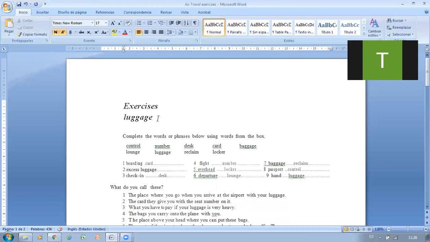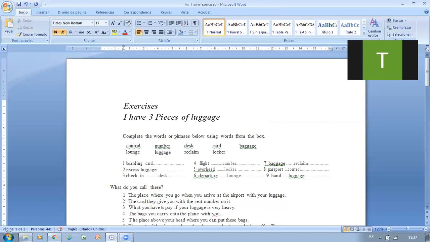How do you make it countable? You do it like this: pieces of luggage. For example, they have to ask you, how much luggage do you have? Then you have to say, I have 3 pieces of luggage.